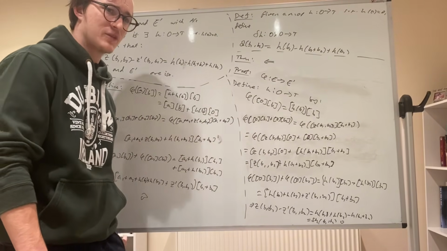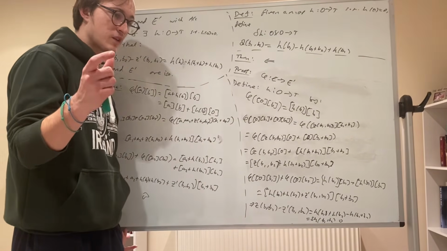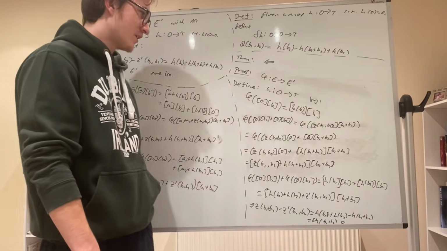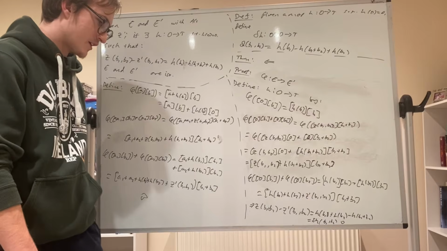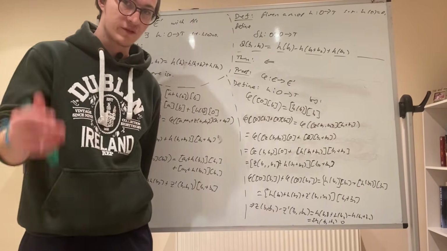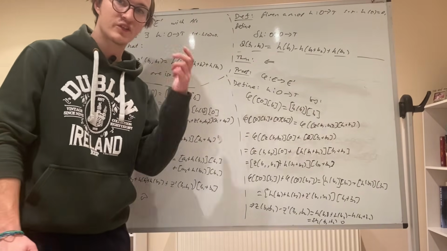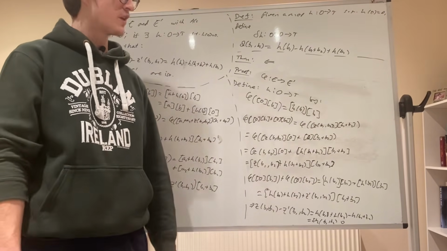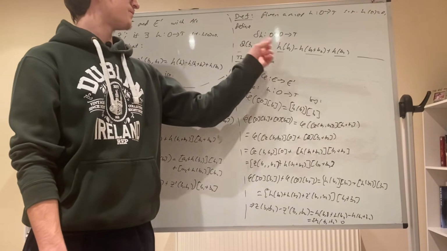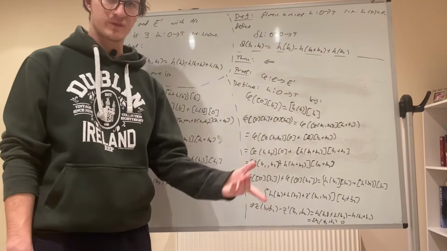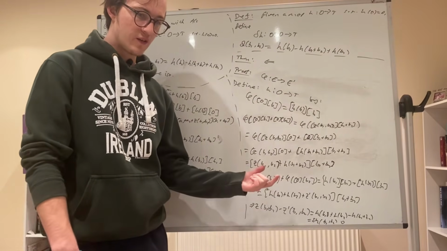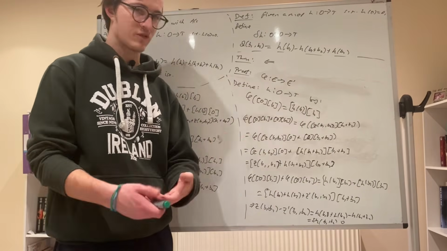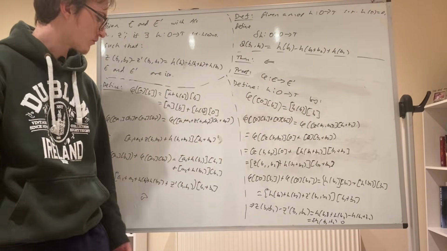Another thing to note is that the set of two cocycles is itself an abelian group under addition. You just add the cocycles. And also the set of coboundaries is an abelian group under addition, because you add two coboundaries, you get back a coboundary.